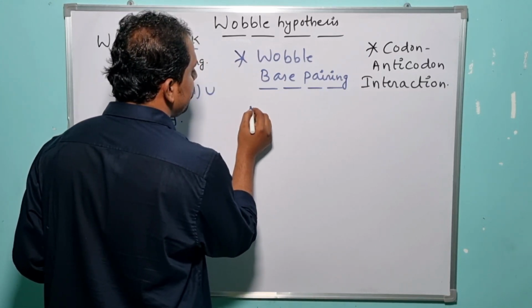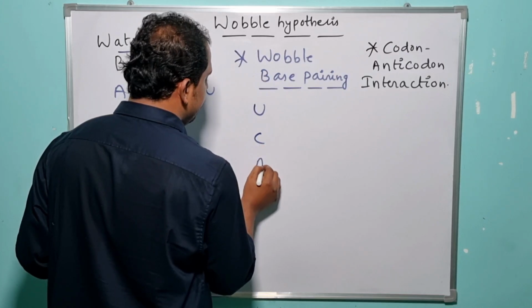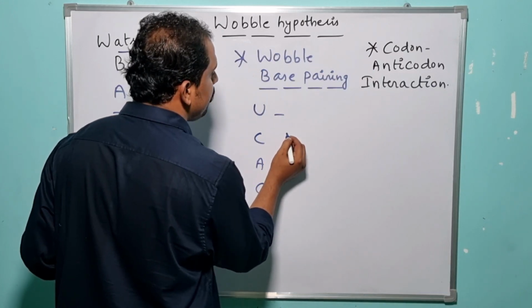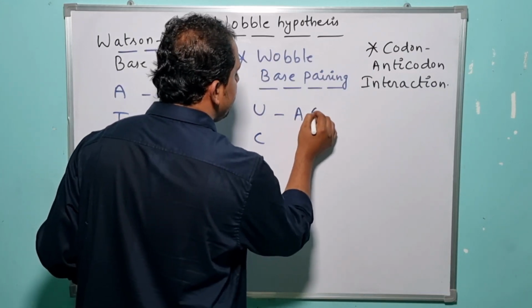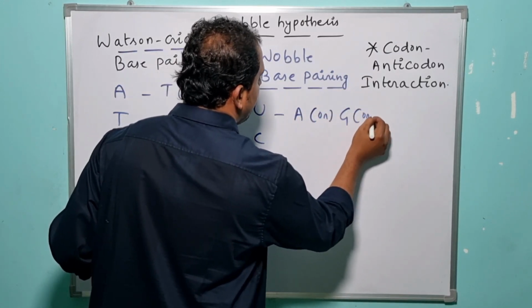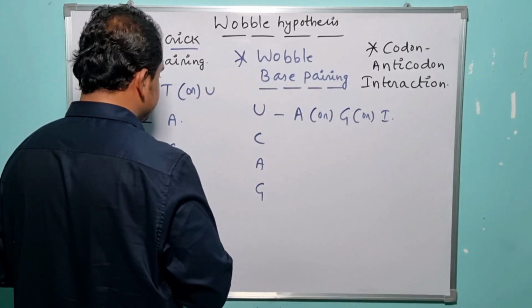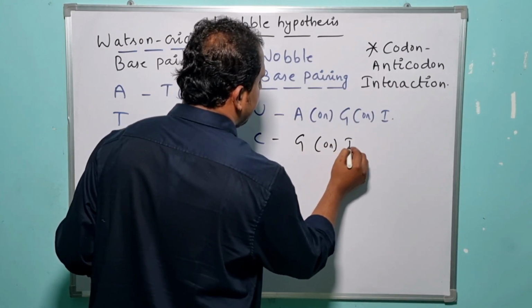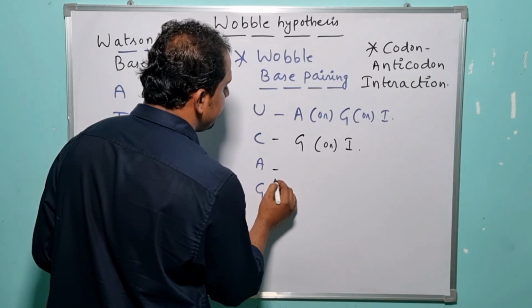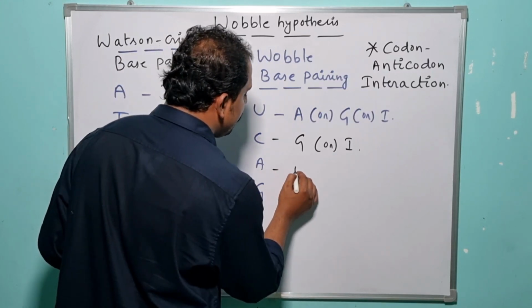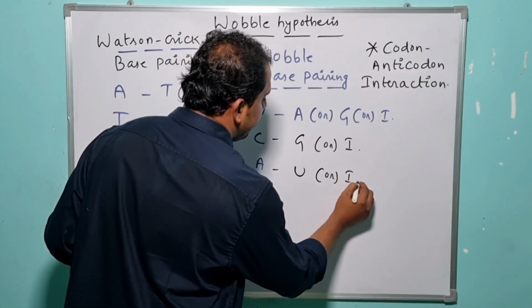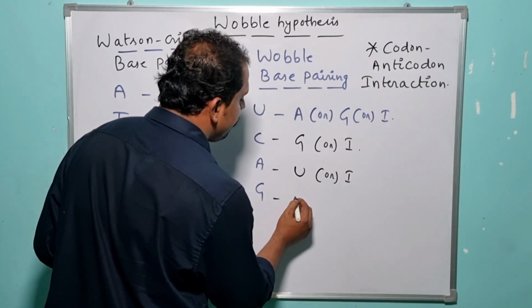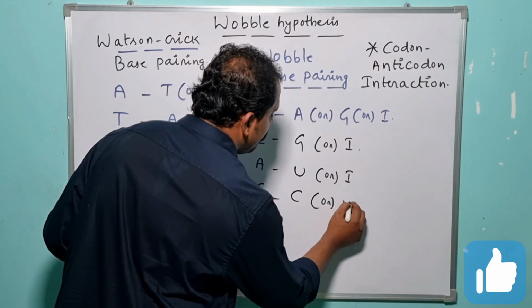So here the very first nucleotides are U, C, A and G. So here the specific uracil nucleotide is capable to encode the various nucleotides like A or G or I, and in the same way the cytosine nucleotide is capable to encode the various nucleotides like G or I, and in the same way the adenosine nucleotide is capable to encode the various nucleotides like U or I, and in the same way the specific guanosine nucleotide is capable to encode the various nucleotides like C or U, right?